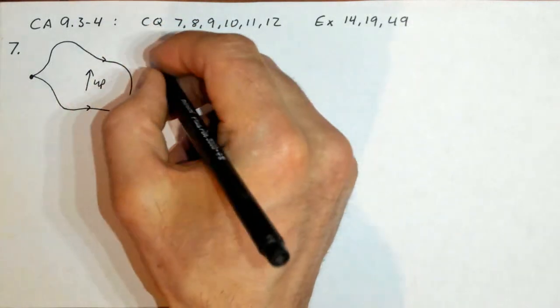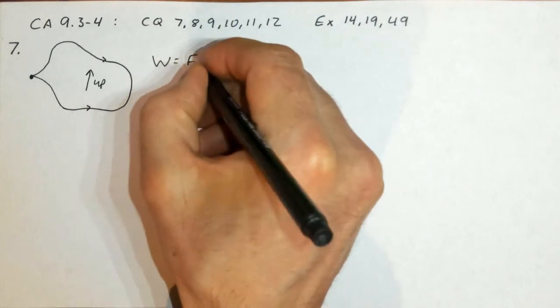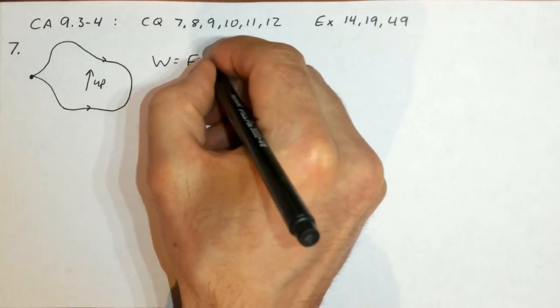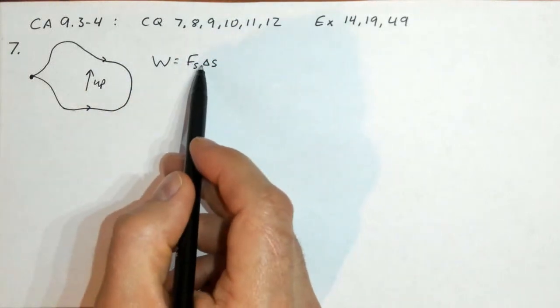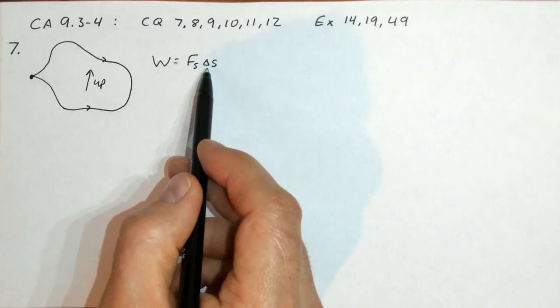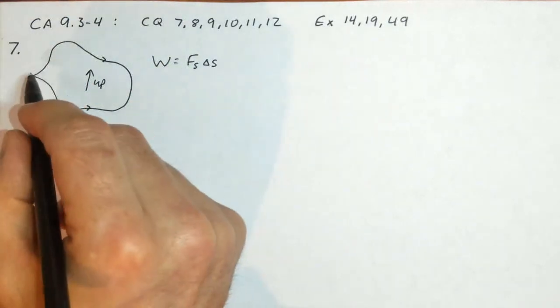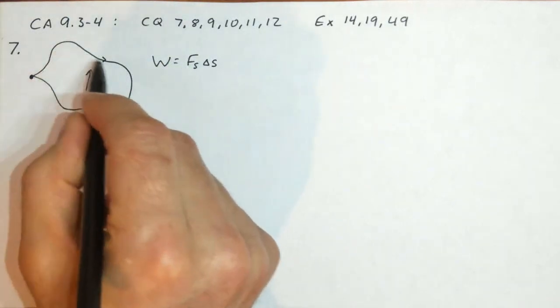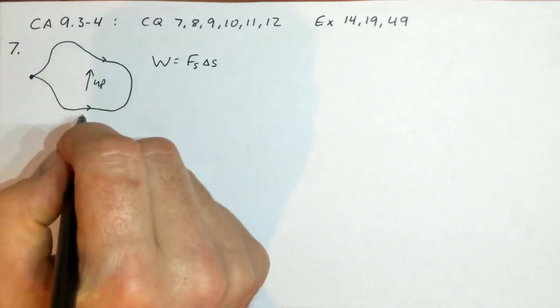Okay, so work generally means a force times the distance, and more importantly, the force in the direction of the displacement. So when I say force times the distance, it's this force multiplied by the displacement of the particle. The particle went from here all the way over to here, but the force is always pointing down.